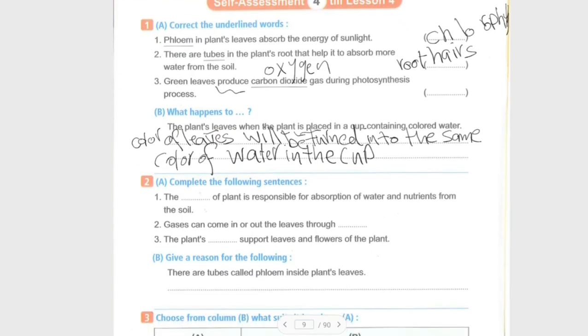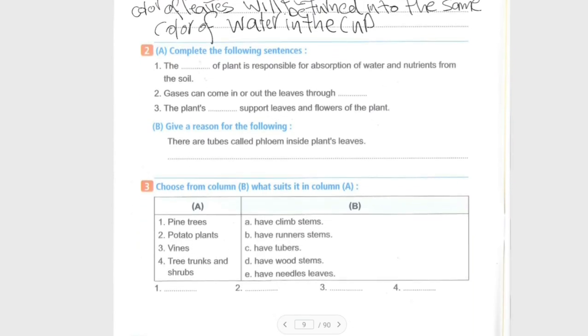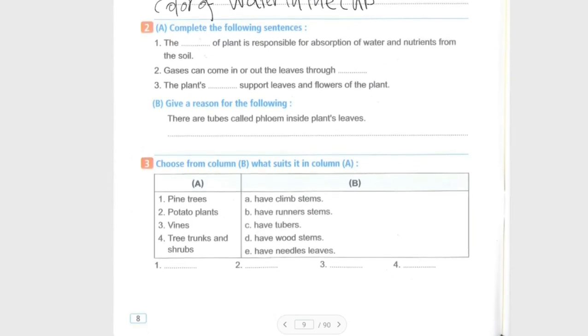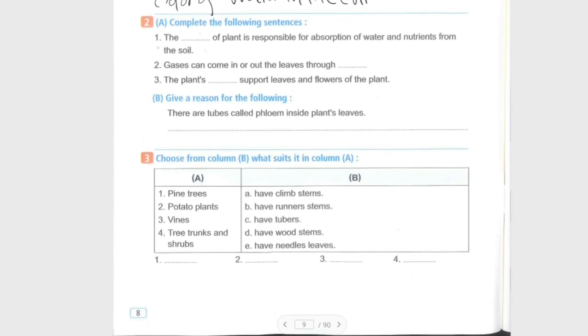Let's see number 2. Complete the following sentences. Number 1, the part of the plant responsible for absorption of water and nutrients from the soil. What is responsible for absorbing water and minerals from the soil? Of course, the roots.